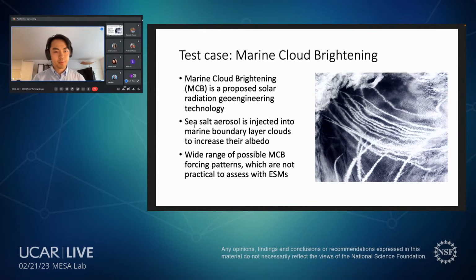And what makes MCB interesting for our purposes is that there's a wide range of possible MCB forcing patterns, and it's not really practical to assess all the possible different forcing patterns using ESMs. And so we're hoping that this FDT method might be a tool that can be used to perform preliminary assessments of different intervention patterns. Next slide, please.